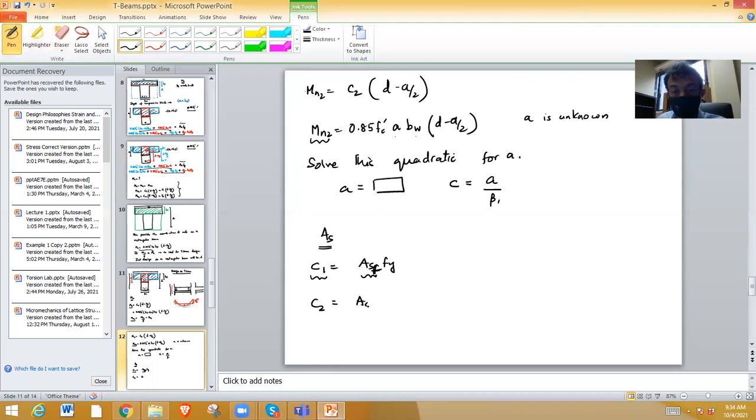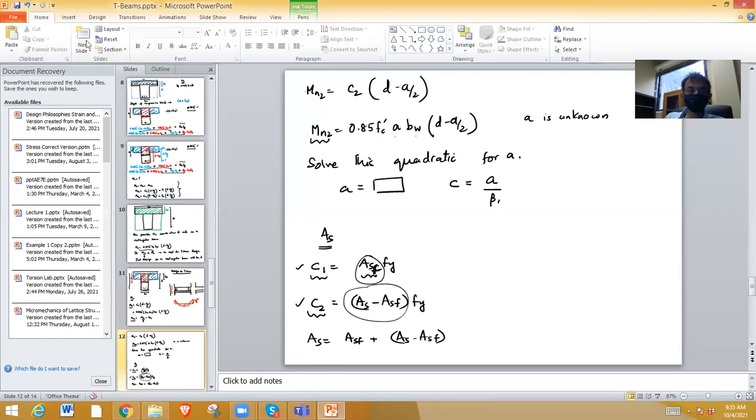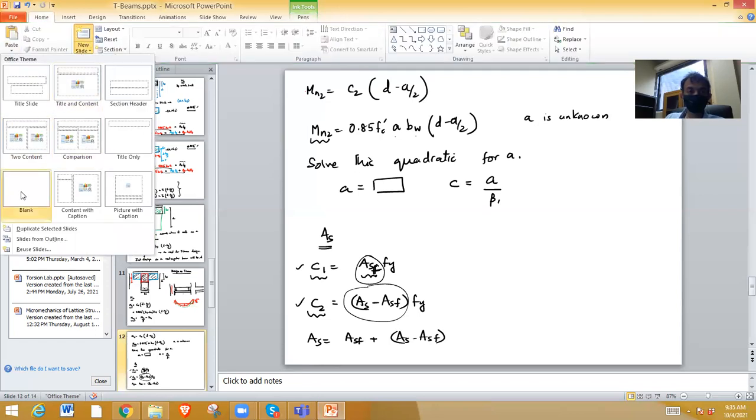C2 is As minus Asf Fy. We already know C2 also, because now we know A. So we know C1, we know C2, we know Asf, we know As minus Asf. So what is the total area of steel? Asf plus As minus Asf. So the rest is as you might expect.